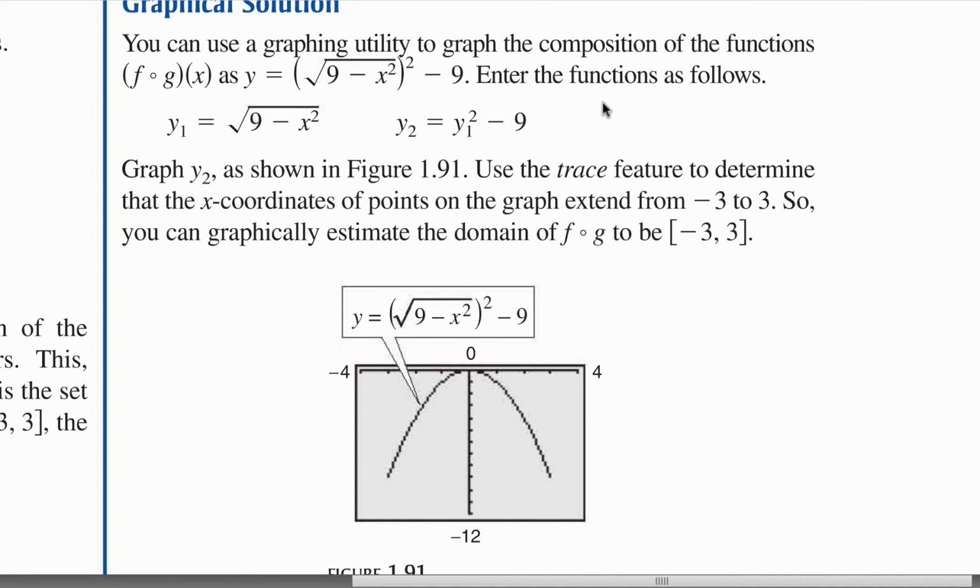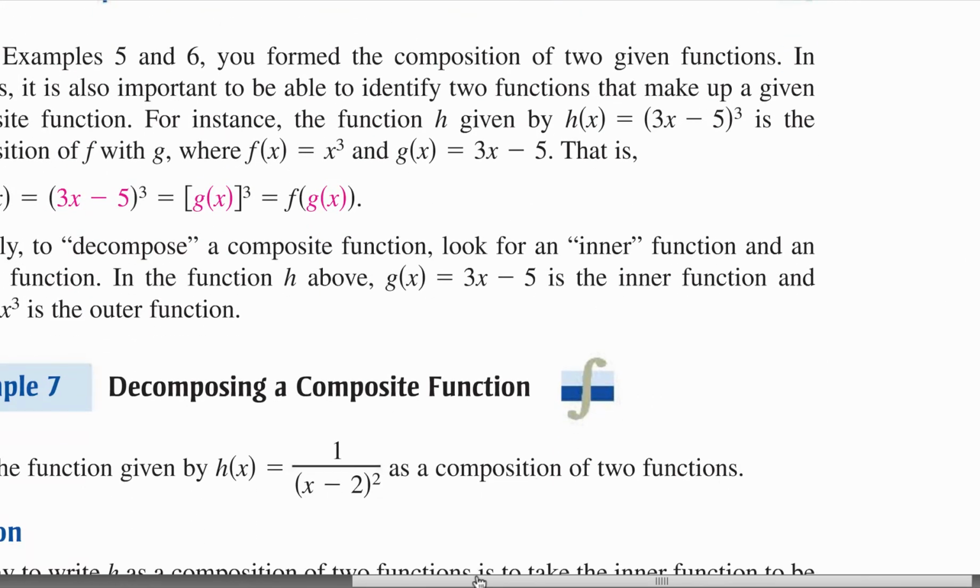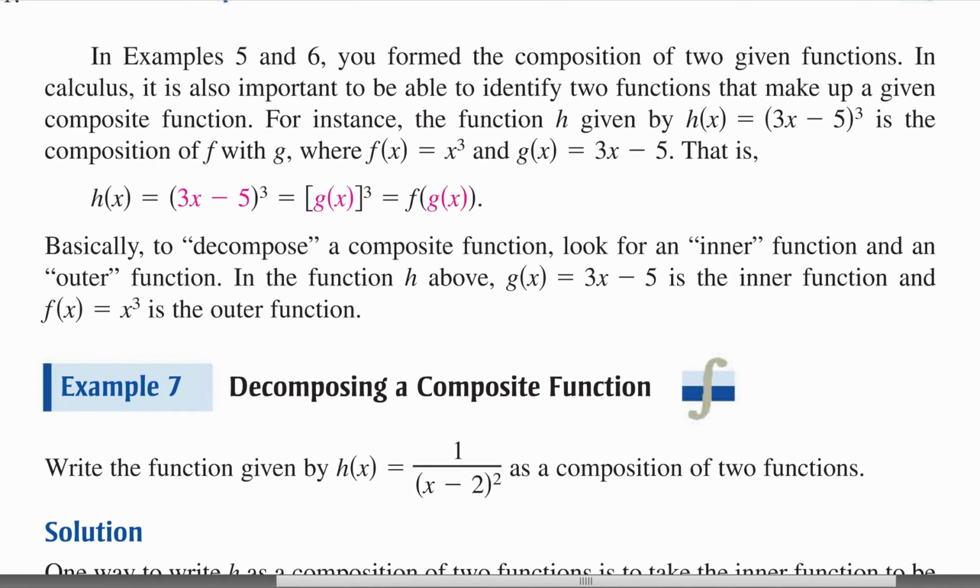Enter the functions as follows. y1 is 9 minus x squared in a square root, and then y2 will be y1 squared minus 9. Graph y2 only, and then use the trace feature to determine the x-coordinates of points on the graph. And you'll see that they only extend to negative 3 and to 3. So the calculator will find the domain for you there. You'll have to know both.